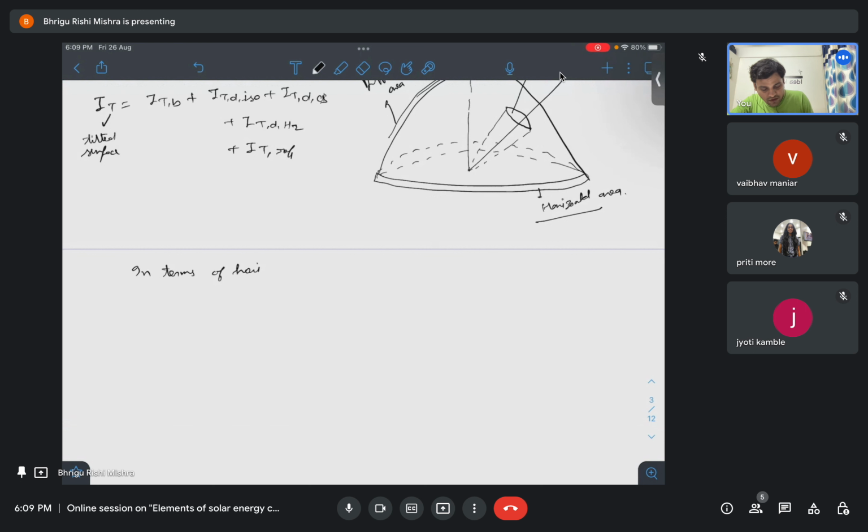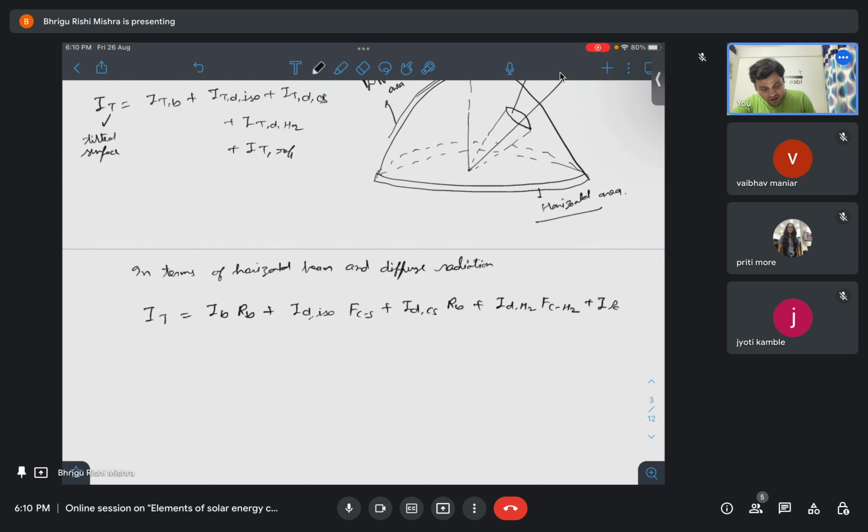Okay, so in terms of horizontal beam and diffuse radiation, IT is IB RB plus ID,ISO FCS plus ID,CS into RB plus ID,HZ FCHZ plus I rho G FCG.